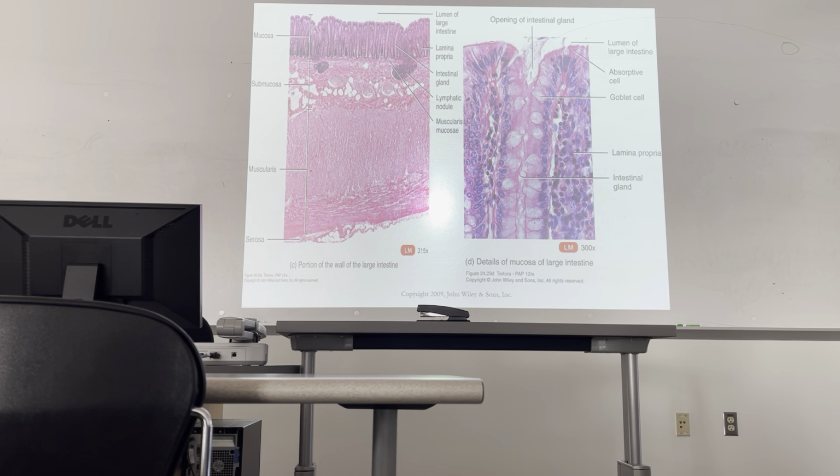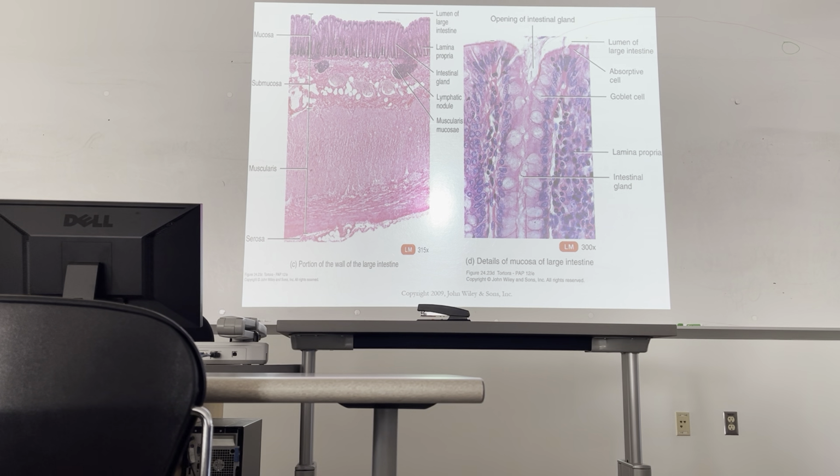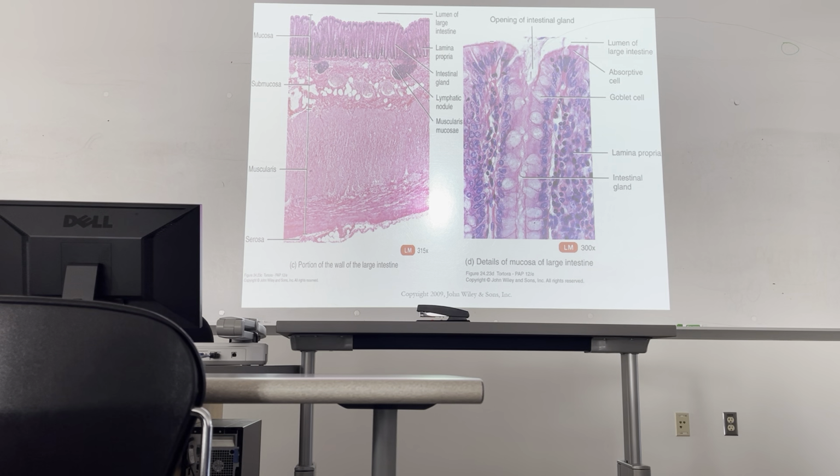You will absorb lots of water and electrolytes in the colon. As you absorb the electrolytes and the water, the feces becomes solid, which can be abrasive to the colon. That's why there's a ton of goblet cells in the colon to have a thick mucus protecting it from the solidified feces. Okay?